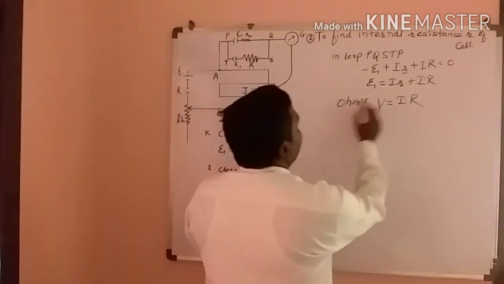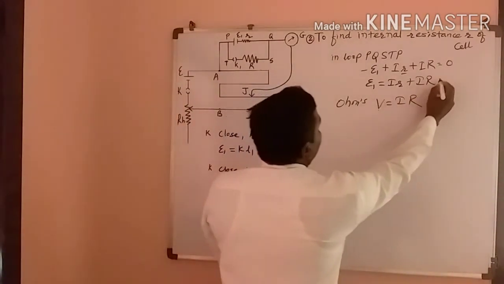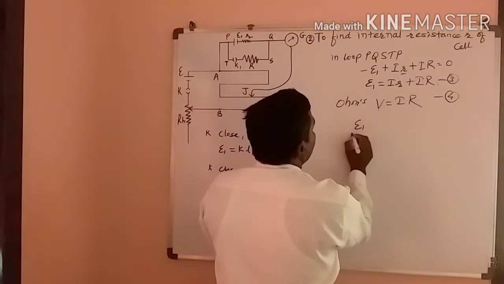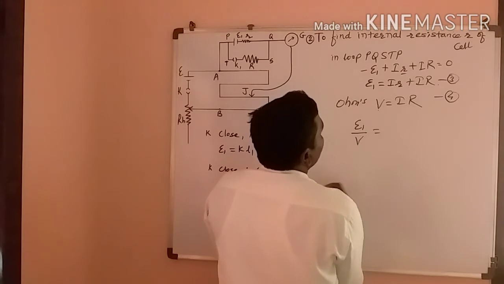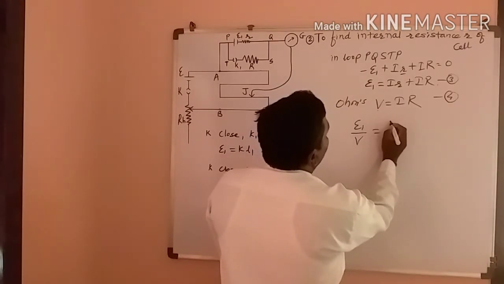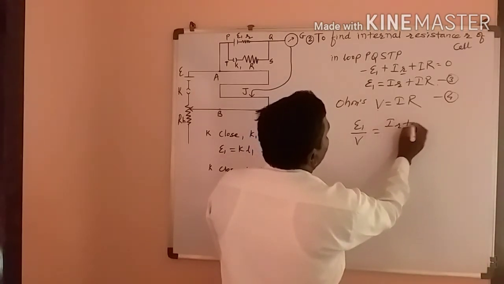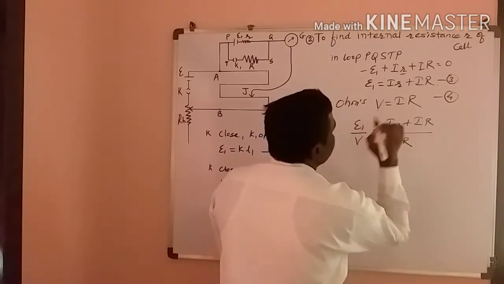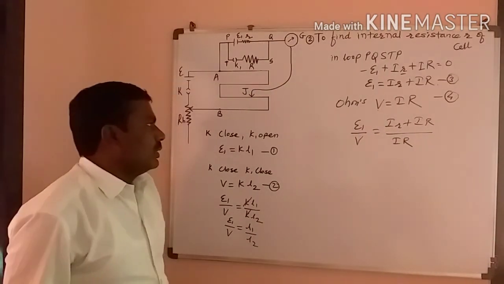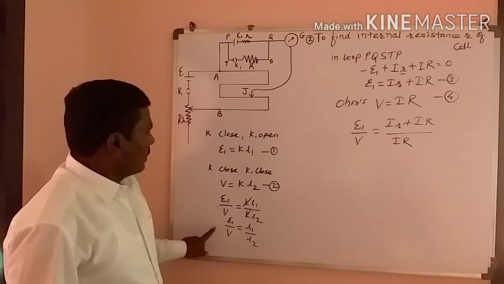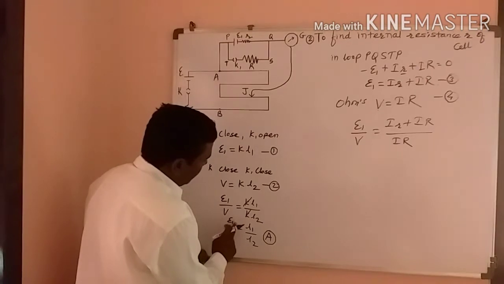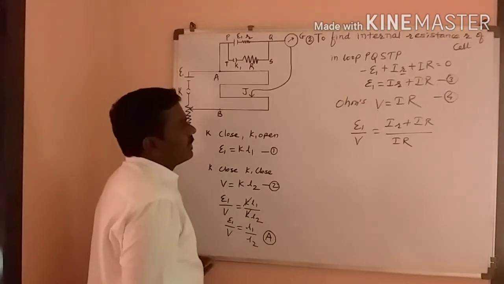When we divide equation 3 by equation 4, E1 upon V is equal to Ir plus IR divided by IR. But from equation A, E1 upon V is equal to L1 upon L2.